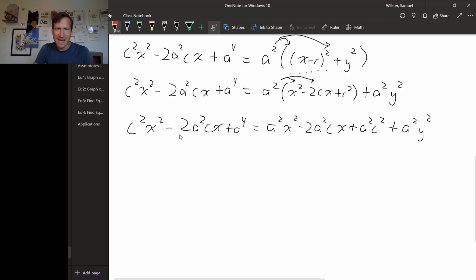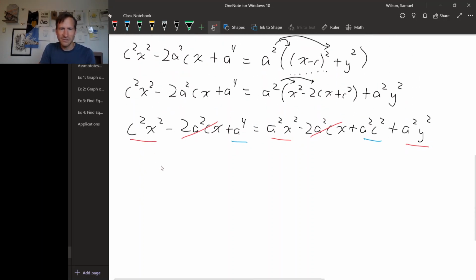Okay, now for a start, we can add 2a²cx to both sides, and these are gone, so that seems nice. Let's gather up all the terms with variables on the left. So that's this term and this term. So these are all going to go left. And let's gather up all the terms without x or y to the right. So that's this term and this term on the right.